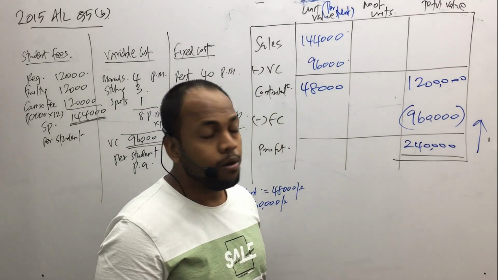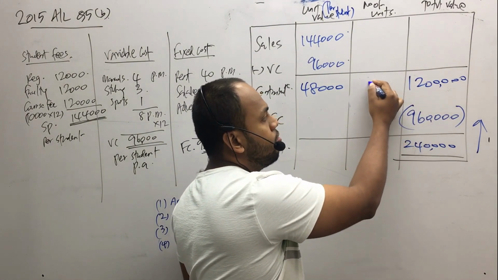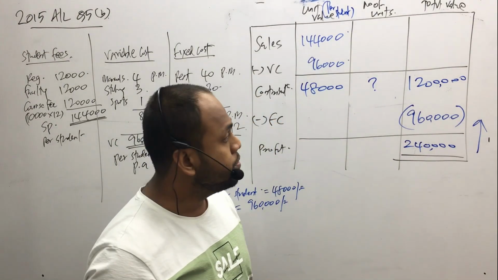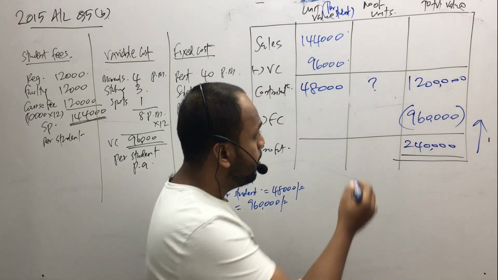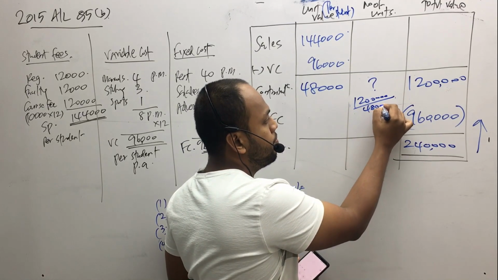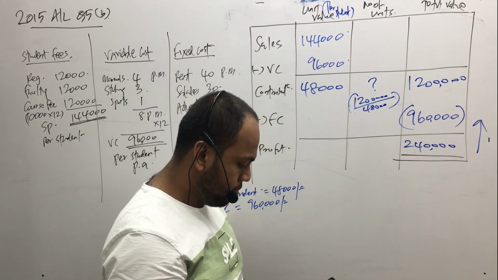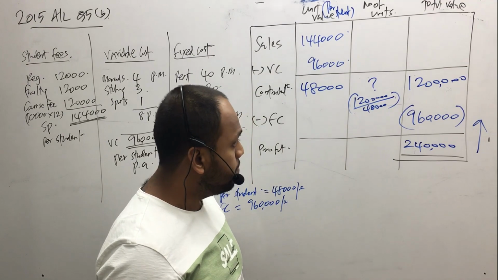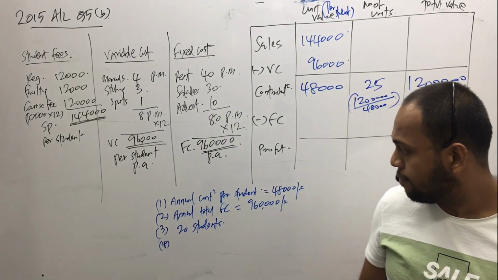To have 1,200,000 total contribution, how many students do we need? 1,200,000 divided by 48,000. Then the answer is 25.